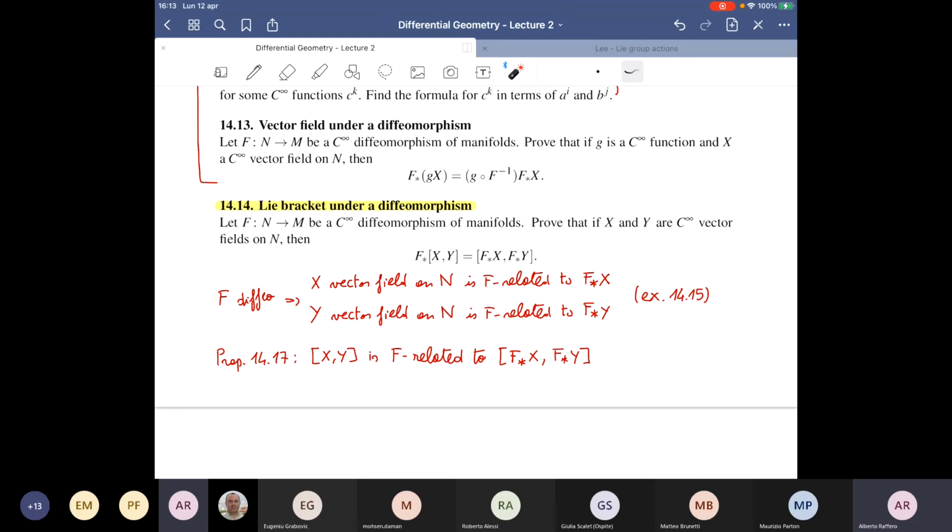And Y is a vector field on N which is F-related to F star Y. These two are vector fields on the manifold M, and by the proposition 14.17 we saw before, we know that the bracket of X and Y is F-related to the bracket of F star X and F star Y. But this means precisely what is written here. So this means precisely that if you consider the push forward of the bracket of two vector fields by means of a diffeomorphism, then you will end up with the bracket of the push forwards.